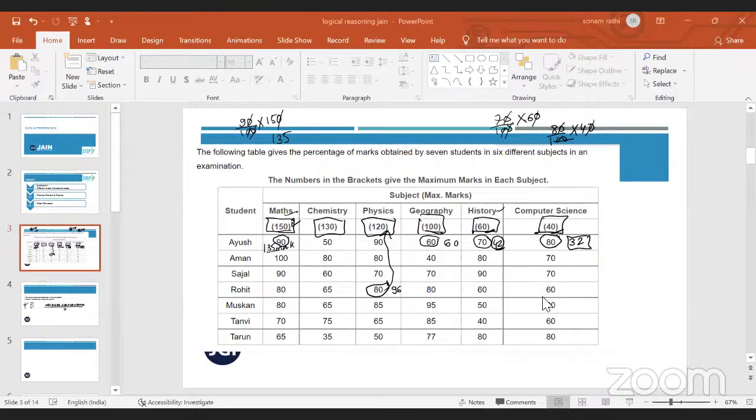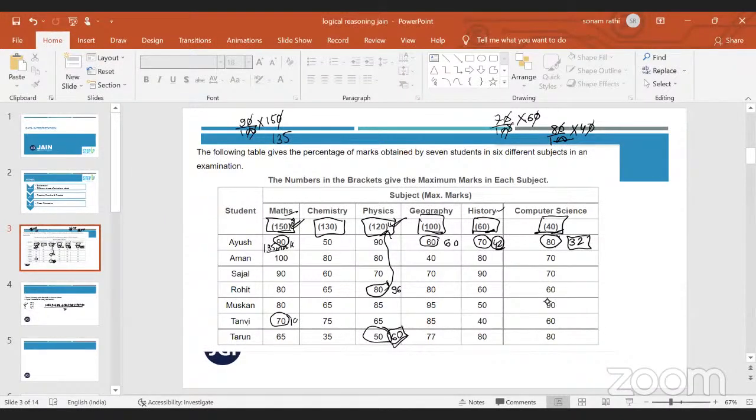Yes. Let's say if I say 50% of 120. So 50% of 120 means 60, half of it. Correct? So basically, Tarun was getting 60 marks out of 120. Tanvi got 70% of 150. 70% of 150 will be how much? Calculate. 70% of 150. 105.